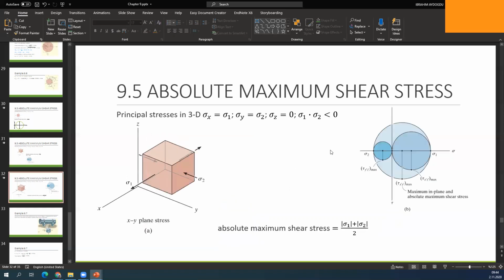If the multiplication of sigma 1 and sigma 2 is lower than 0, the absolute maximum shear stress is sigma 1 plus sigma 2 divided by 2. Just it, nothing more. It is a very simple formulation, okay?